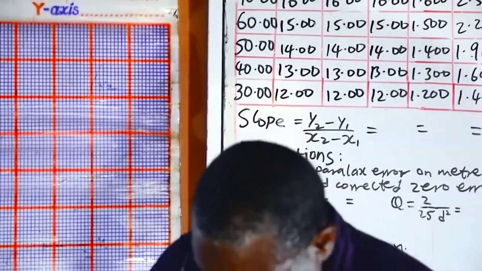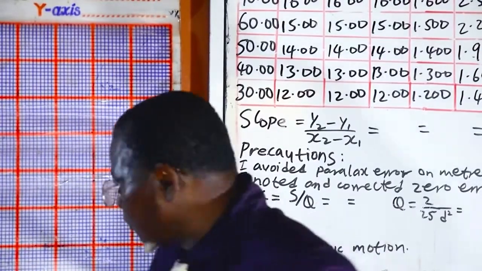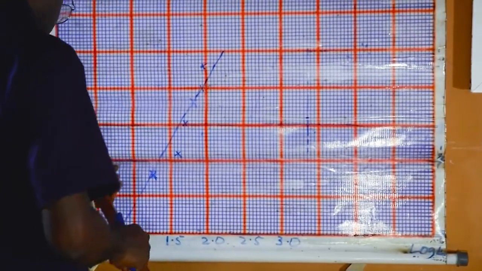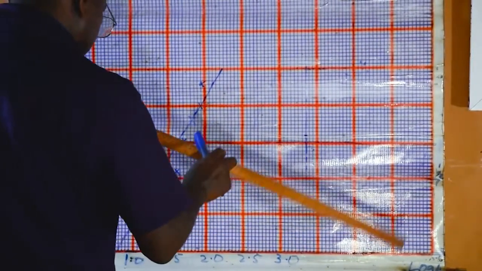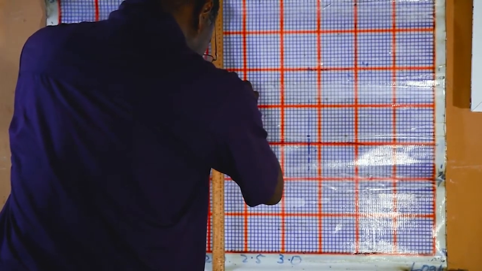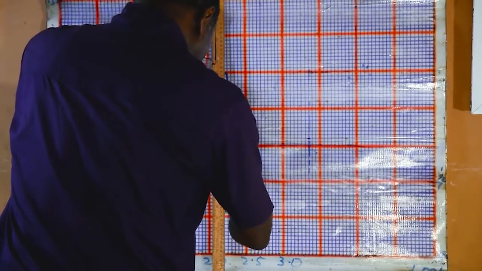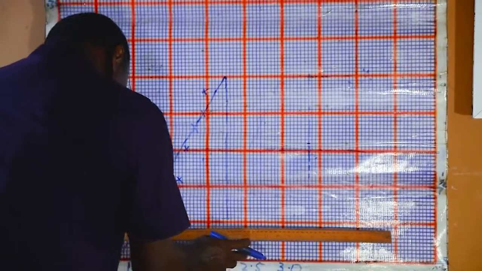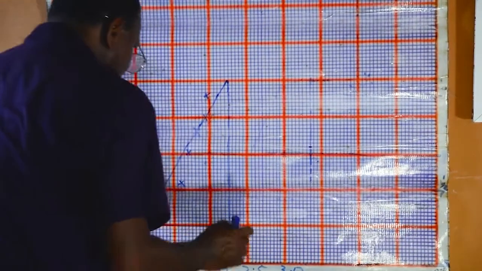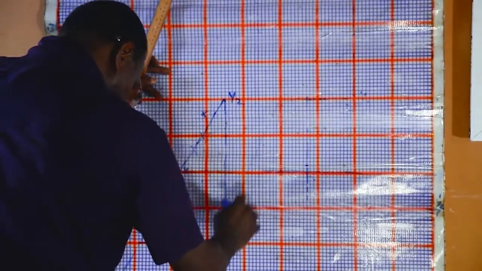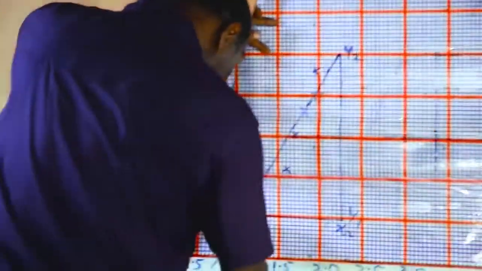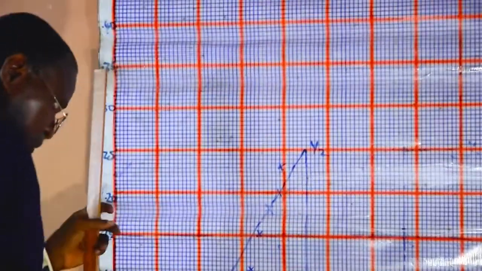We have to draw a right angle before we can determine the slope. Let's use this one against this. This will be y2, this will be y1, this will be x2, x1.